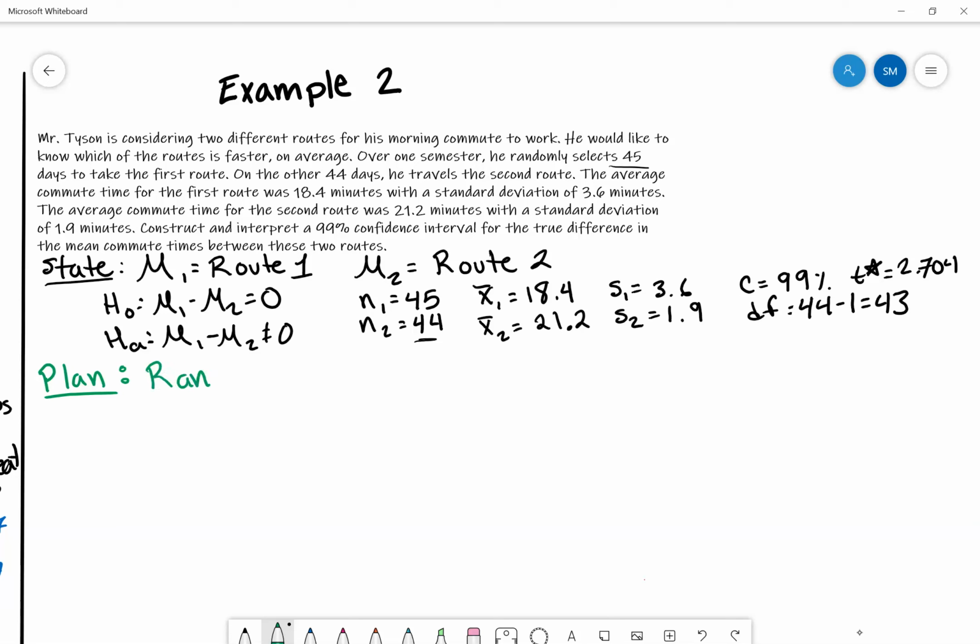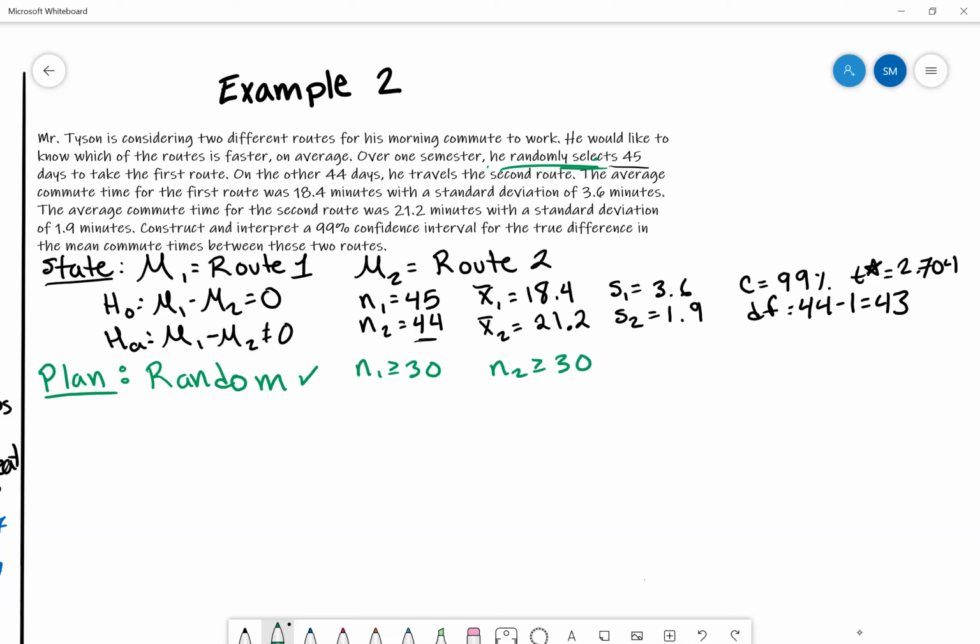The first question is, is it random? And yes, it is. It says he randomly selects. So right there in the problem we know, yes, it's random. The second thing is, are the sample sizes greater than 30? So is n sub 1 greater than or equal to 30? Is n sub 2 greater than or equal to 30?